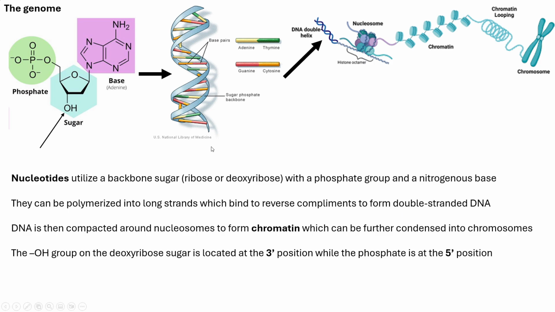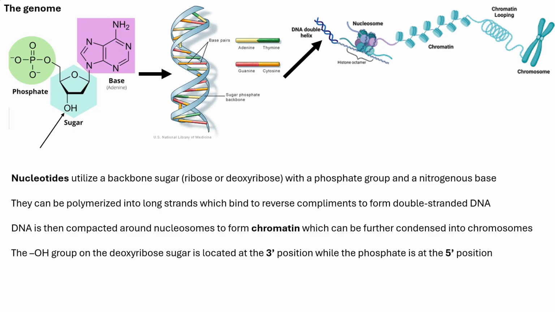And the point to make here is that ribose would have two OHs here and here. This is deoxyribose. So it's literally ripping an oxygen off of here and just leaving the one here. And that's the difference between ribose and deoxyribose.